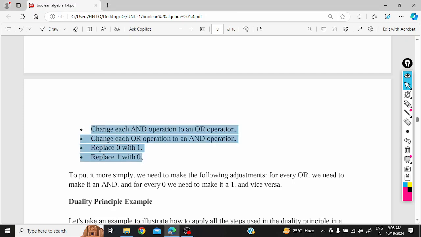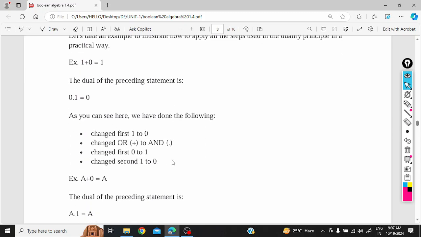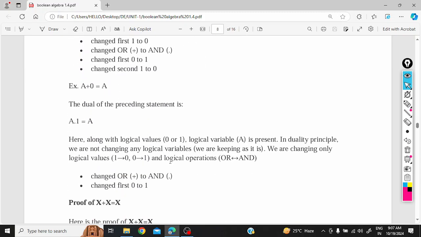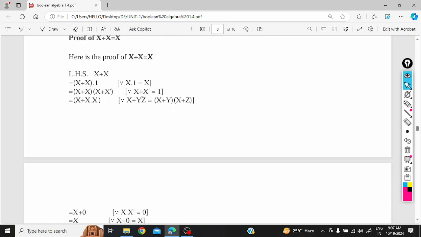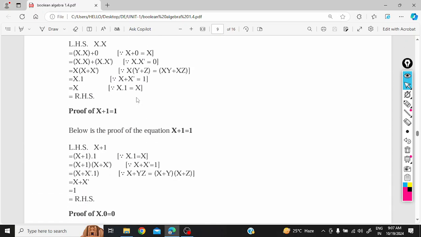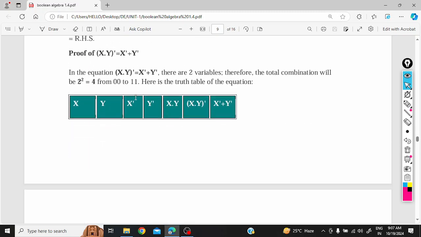If it is satisfying these conditions, such a Boolean algebraic expression we are going to call a dual expression. Generally those kind of things will exist in fewer number. Now you can see here X plus X is equal to X. Now replacing plus with dot, X dot X is equal to X. So these are some of the examples for the principle of duality.